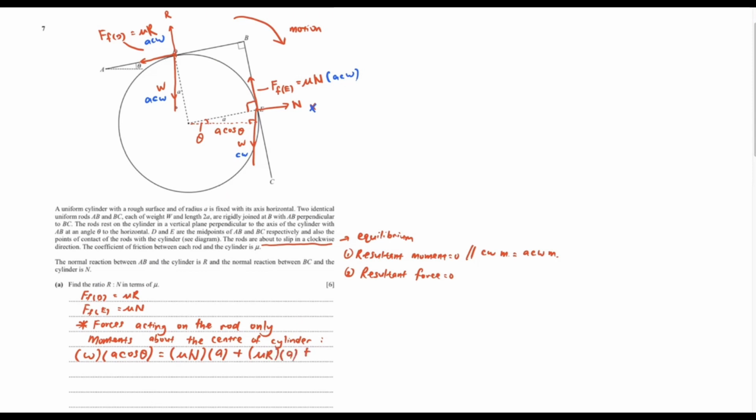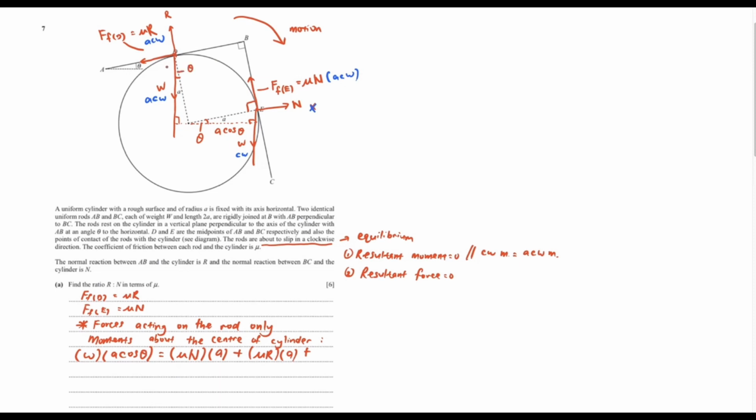Then I also have the third anti-clockwise moment, which is the W here. And I need the perpendicular distance, which is here. So I have to make use of the information here, which is A at this triangle, to find out the perpendicular distance. As you see, this is theta here.